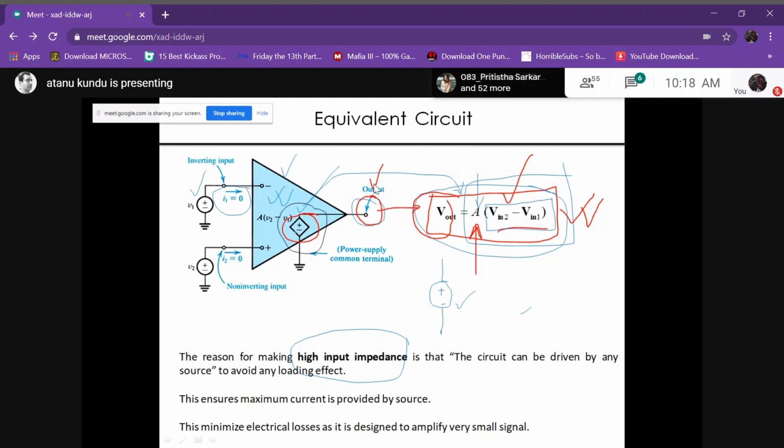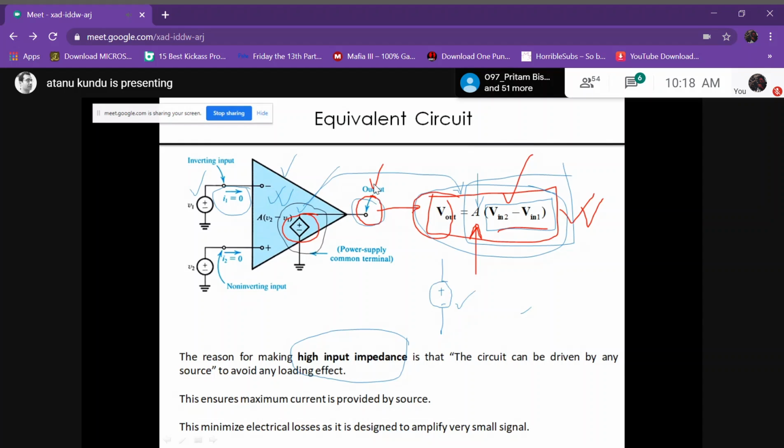This voltage source depends on the input voltages, so it is called a dependent voltage source. This is not an actual voltage source. So we can draw the equivalent circuit from the output, considering that some voltage source is working here, equal to A into (V in 2 minus V in 1), or V2 minus V1.